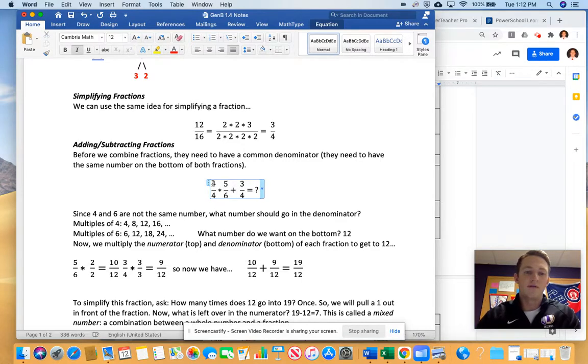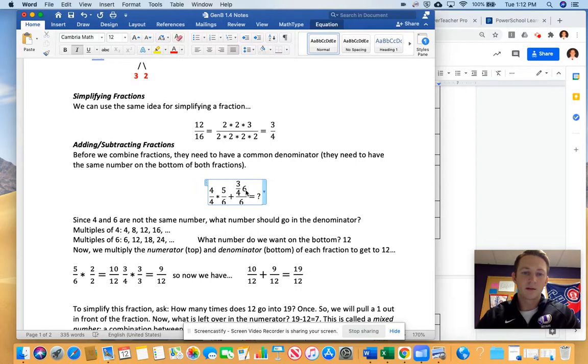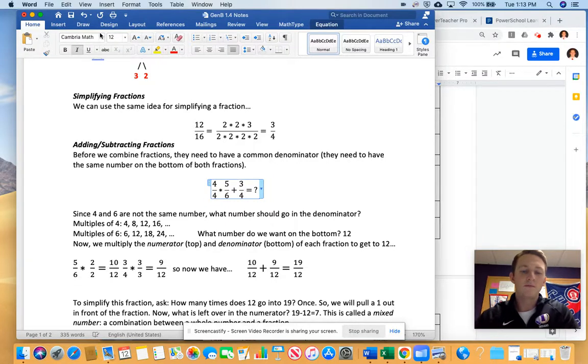Yep, so we would have 4 divided by 4, and we would multiply it because 4 times 6 is 24. And then over here, you're just going to multiply, just like we did 4 over 4, you're going to multiply by 6 over 6 right here. And then multiply across for both of them, and then you can add them together.